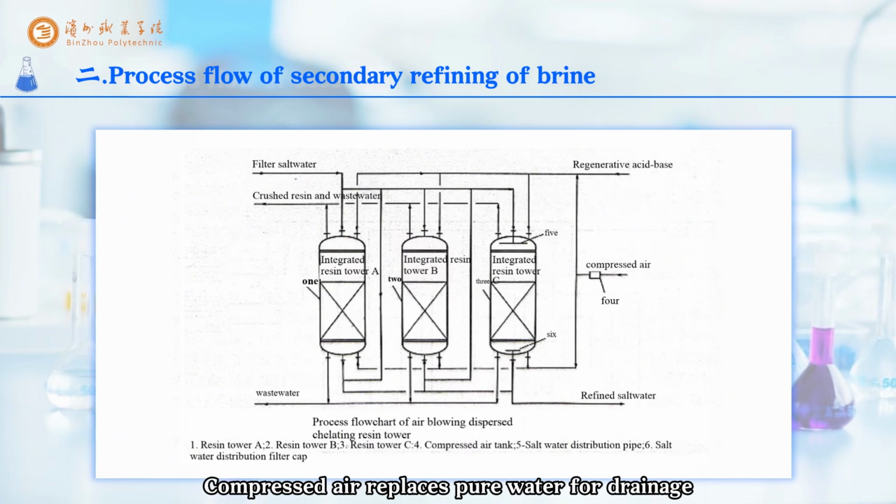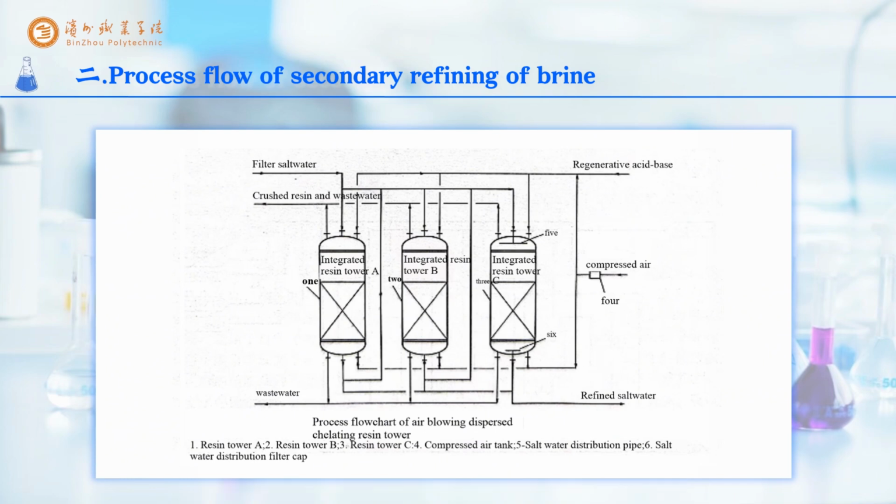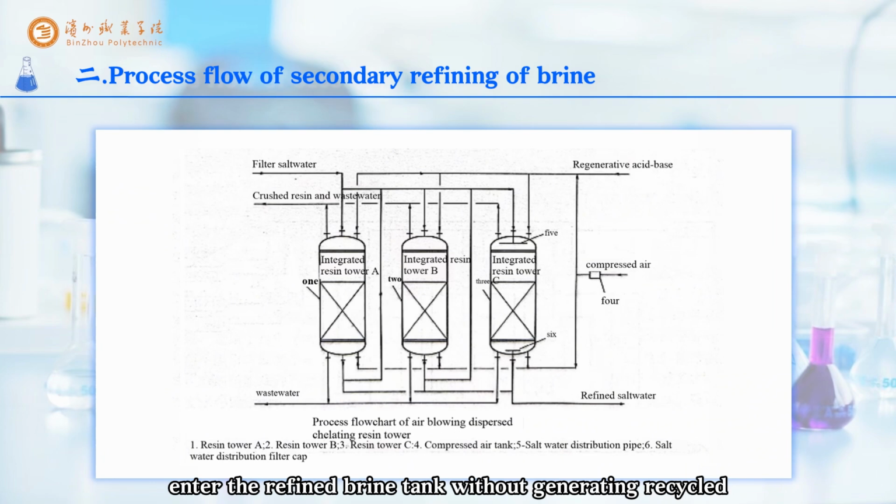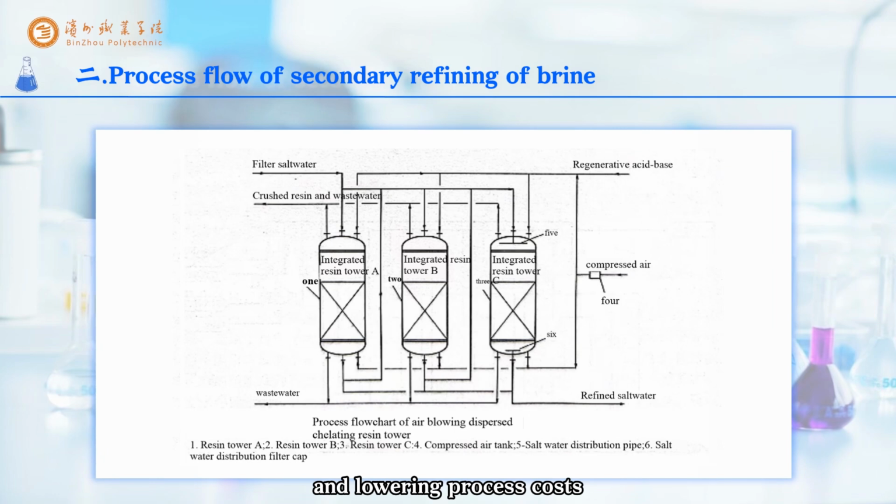Compressed air replaces pure water for drainage, allowing refined brine during the regeneration cycle to directly enter the refined brine tank without generating recycled dilute brine, reducing energy consumption, minimizing acid-alkali wastewater discharge, and lowering process costs.